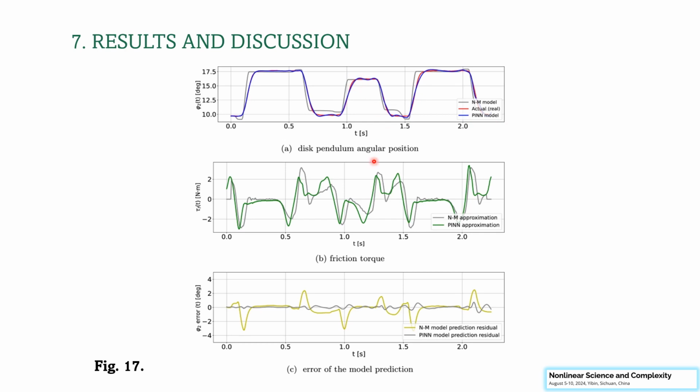The charts in figure 17b demonstrate the similarity of friction moment characteristics, while the prediction error of the dynamic model is clearly in favor of the PINN network.